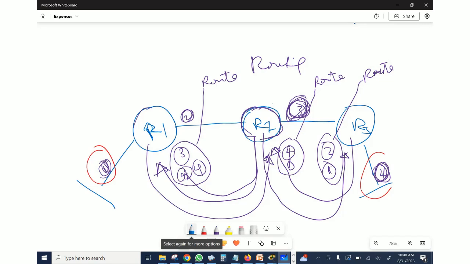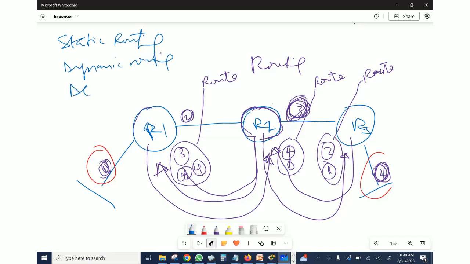We have static routing. We have dynamic routing, and we have default routing.